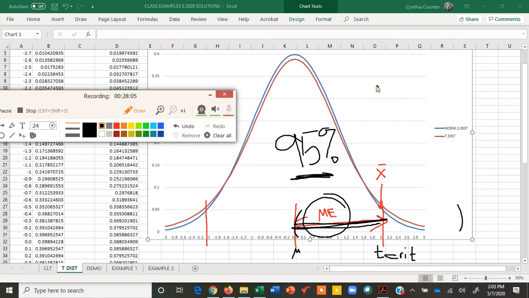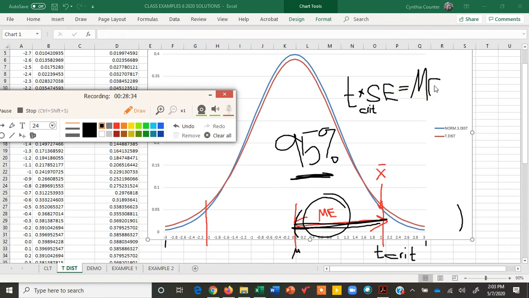You multiply your t-crit times your standard error, and that will give you your margin of error.